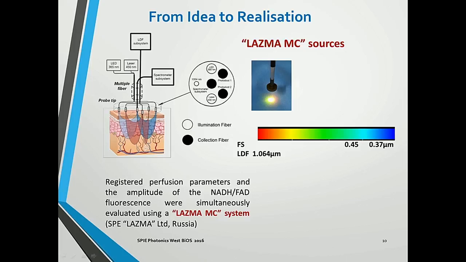We used 3 wavelengths: short wavelength bands, 450 nanometers and 365 nanometers to excite FAD and NADH correspondingly. And then we used a 1064 nanometer narrow laser to test the red blood cell velocity in vessels.